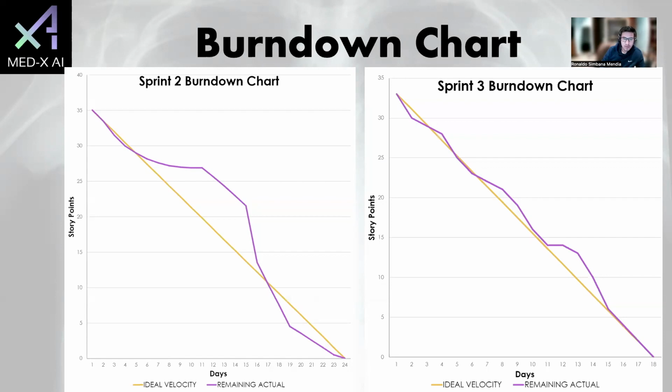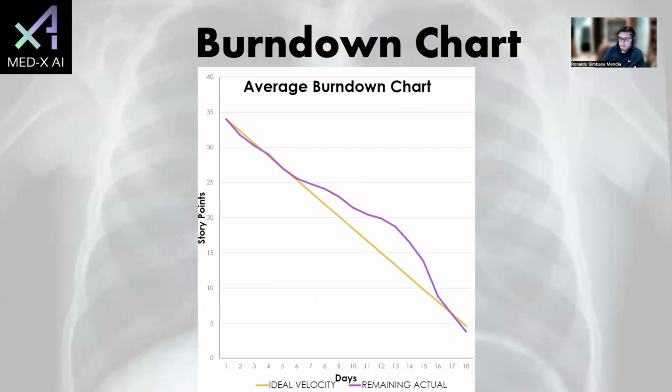Okay, next one, please. On this graph, we can see the average burn down chart combined from sprint 2 and sprint 3. You can see that the graph has its ups and downs, but we were able to have everything completed by the end, which is great.